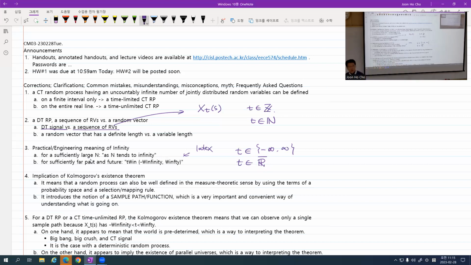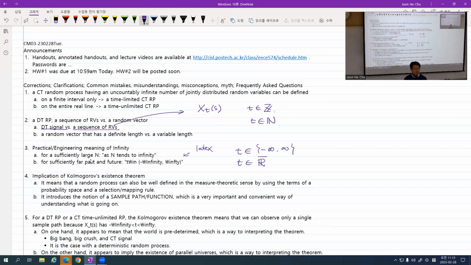You are right. So in many engineering or practical senses, negative infinity means sufficiently far past, and positive infinity means sufficiently far future. But this sufficiently far past and future may vary in many cases. For example, suppose you have your cell phone, and you turn it off every night and turn it on every morning when you wake up.